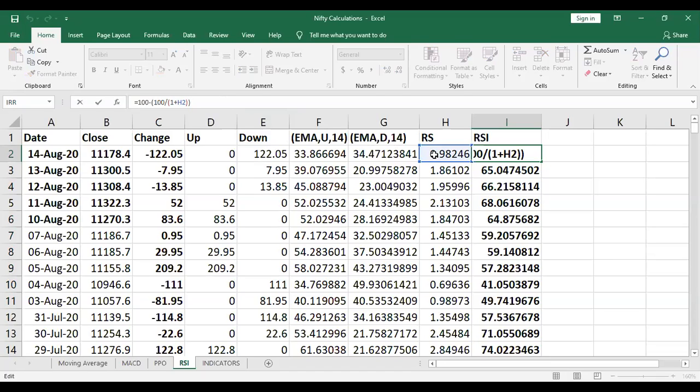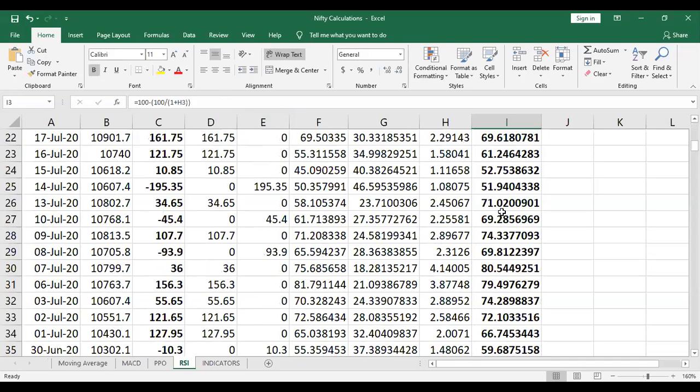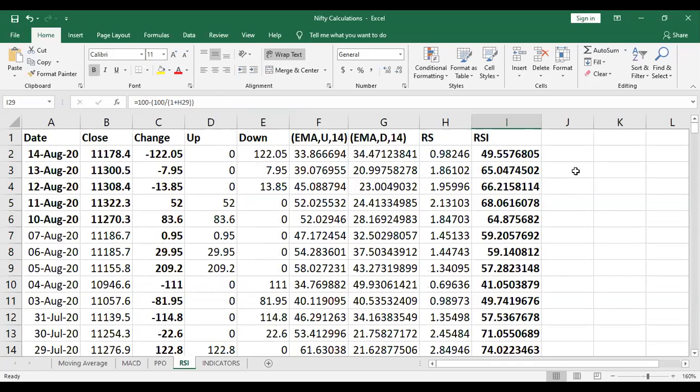Then you get all numbers in the range 0 to 100. Now our RSI is calculated.